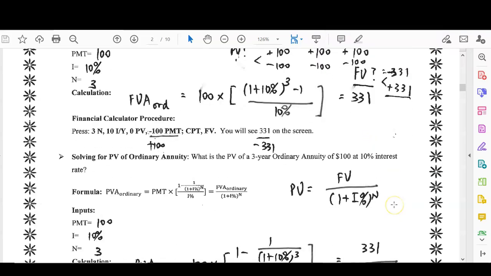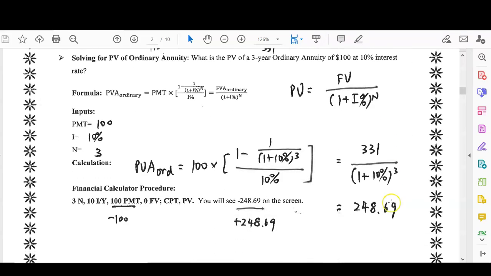Let's look at a second question. What if it's the same ordinary annuity, but this time we want its present value? It's going to be a different formula. Present value of ordinary annuity, PVA ordinary, equals payment multiplied by 1 minus 1 over 1 plus interest rate to the power of n, divided by interest rate.